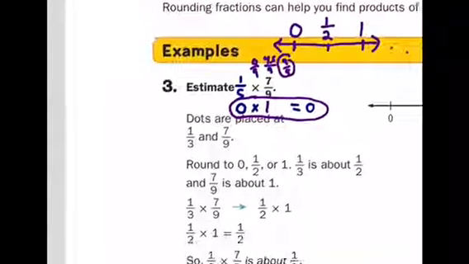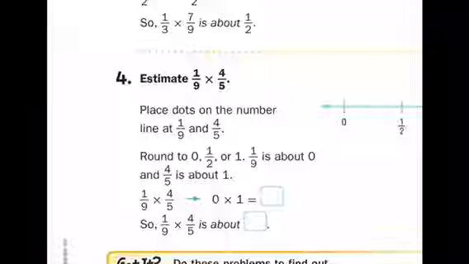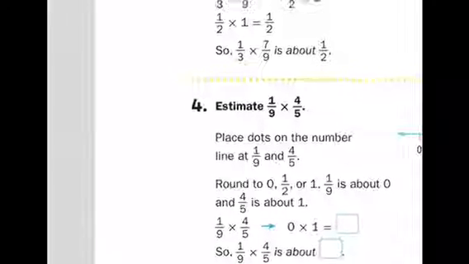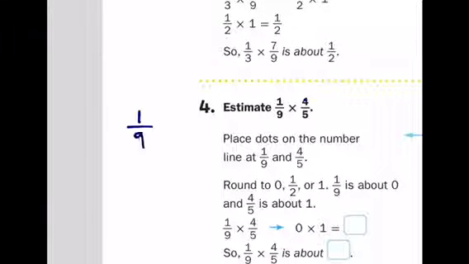All right, let me show you another one in example 4. Now in example 4, I have ninths again. So for 1/9, let me just write it over here so it's easier to see. So 1/9, is it closest to 0/9? Remember, half is 4.5/9, and a whole is 9/9. So 1/9 is really close to 0/9.